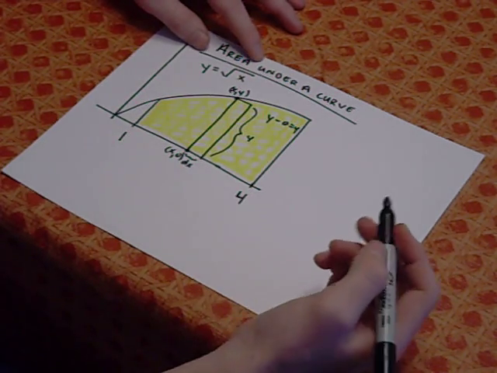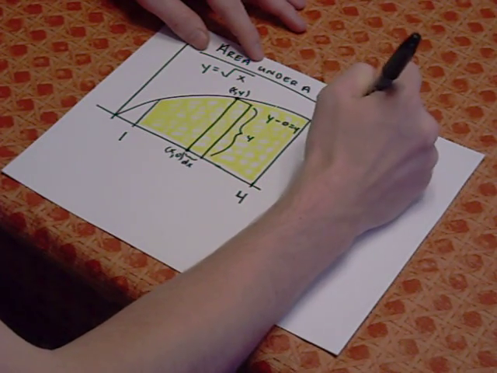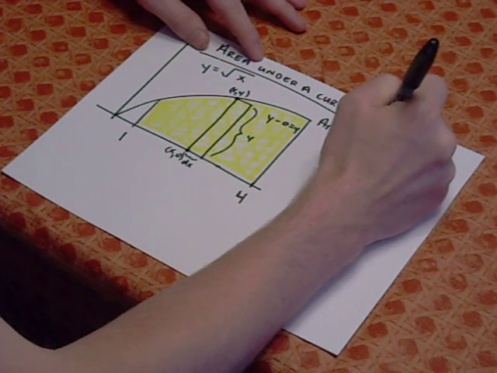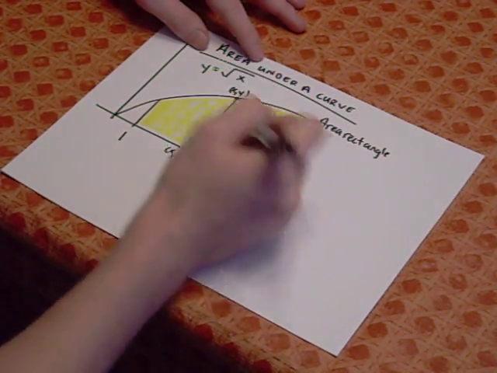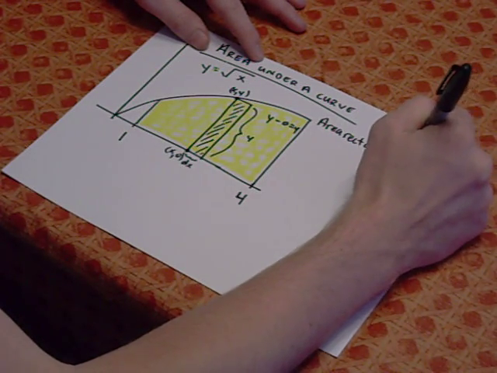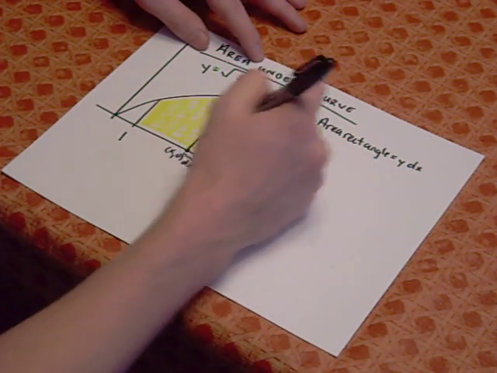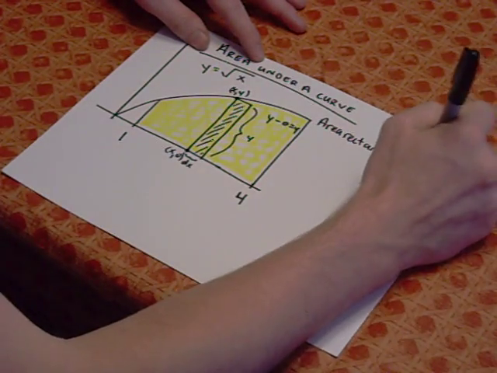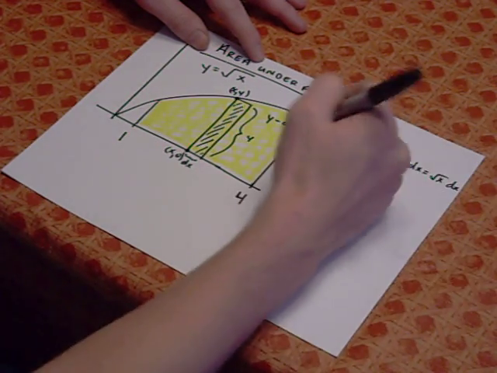And now, to start our area problem, we say the area of this one rectangle is equal to y dx, because it's the length times the width, or the two dimensions multiplied by each other, and that's equal to square root of x dx.